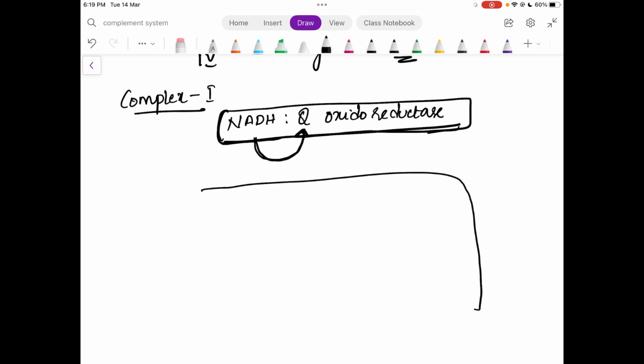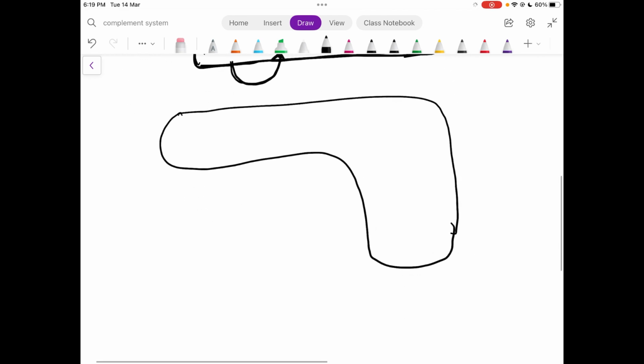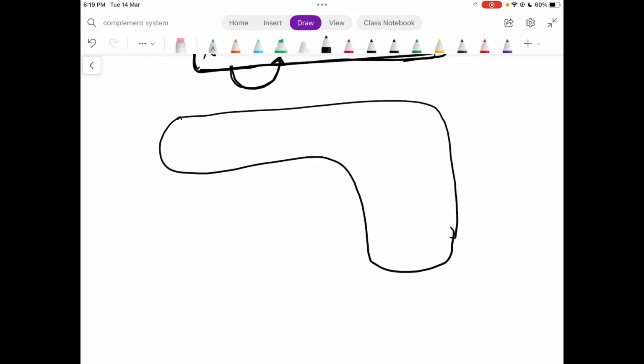It is in an L shape. In this L shape, this vertical part is projected into the matrix. The L part is present in the inner membrane. Which inner membrane?